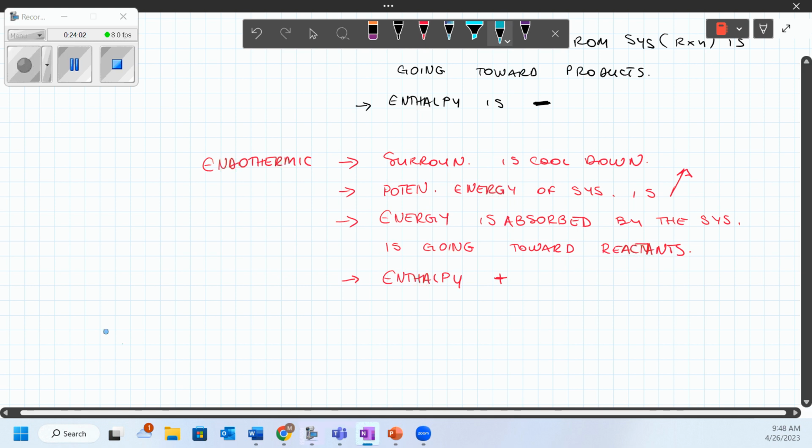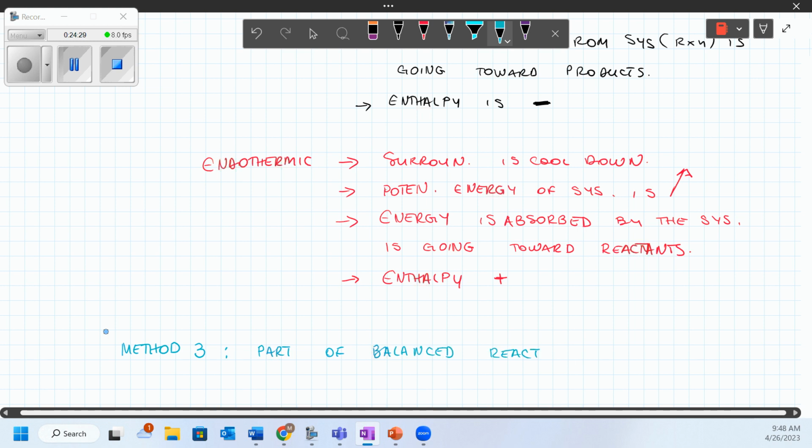The third method that we use to communicate the enthalpy is when the enthalpy is given as a part of the balanced reaction. You have to see if it is positive, if it is negative, if it is going toward the reactant, if it is going to the product.